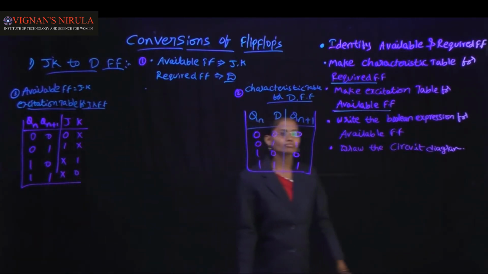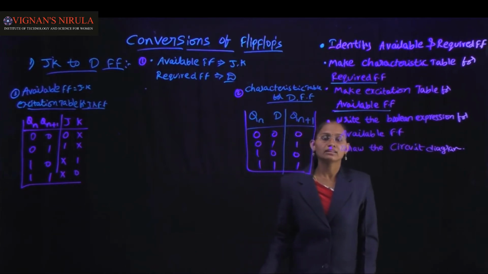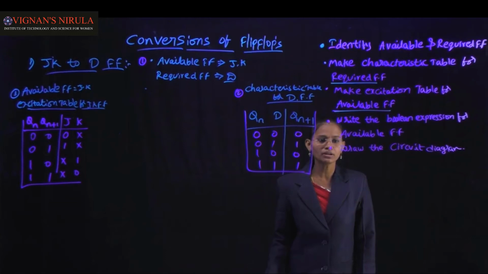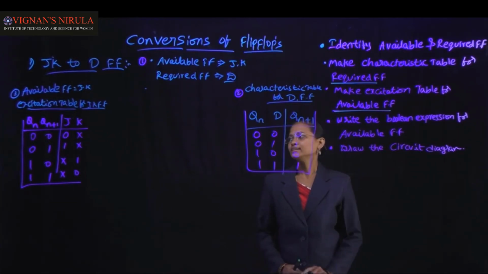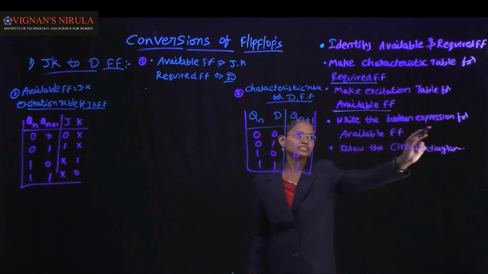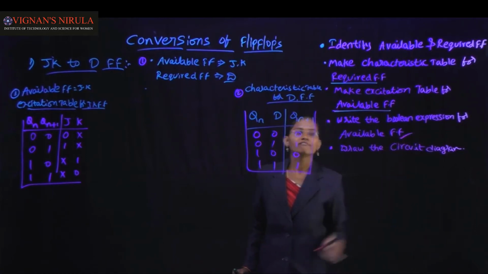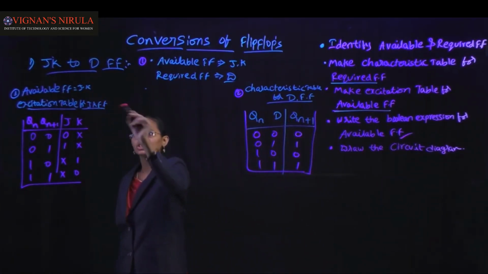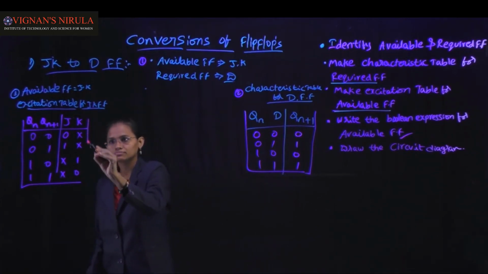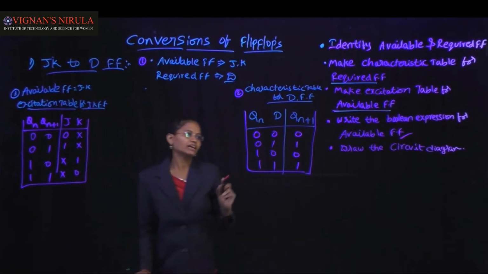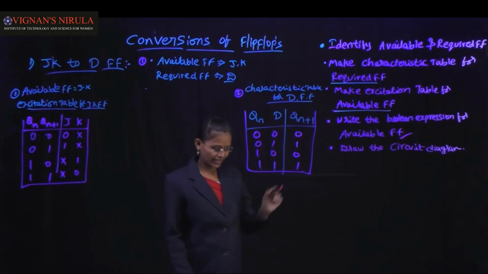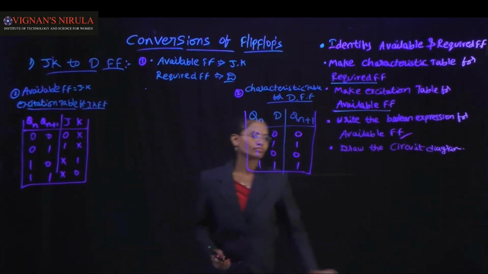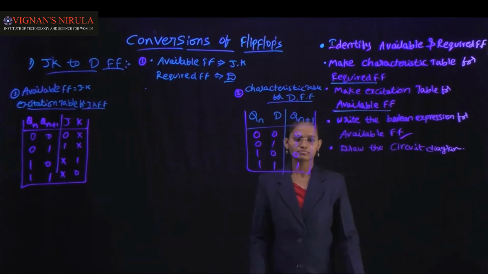Okay, and here the fourth step is write the Boolean expression for available flip-flop. Here the available flip-flop is JK. And next follow the JK.